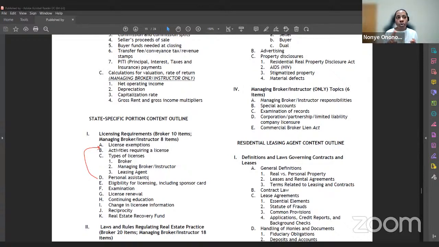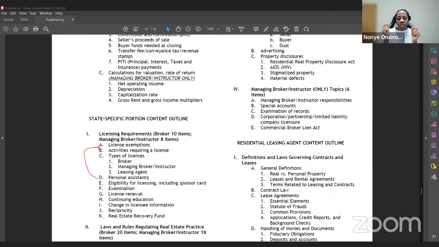So 120 is the number of hours required to be a licensed broker. You need pre and post education, so both of them together give you the 120 hours.